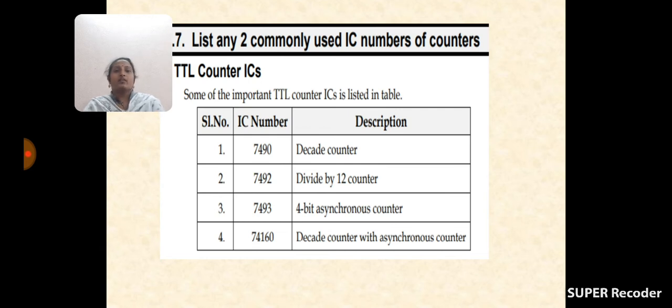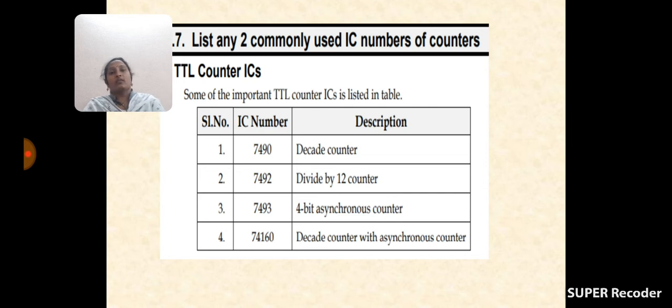So decade counters are produced with the IC number 7490. All the counters are available using TTL technology and also CMOS technology. What is the full form of TTL? Transistor-transistor logic. I already explained this in your last classes.